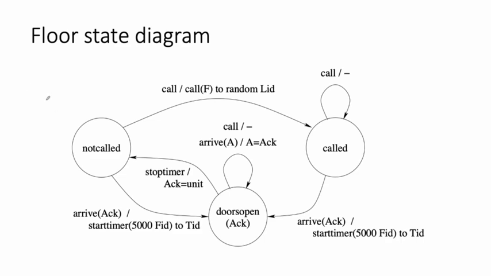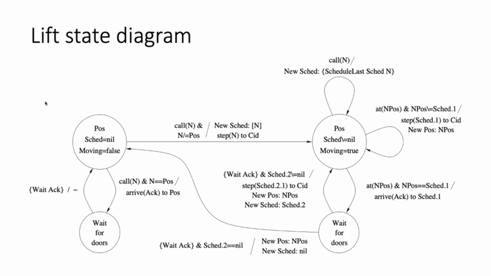Okay, so now we go to the most complicated of the state diagrams, the lift itself. The lift is complicated because it has to go to many floors, and maybe it has to stop on many floors. So the lift has an internal list of floors called the schedule, which is the list of floors that it has to go to.